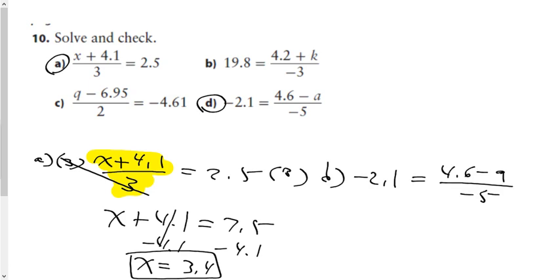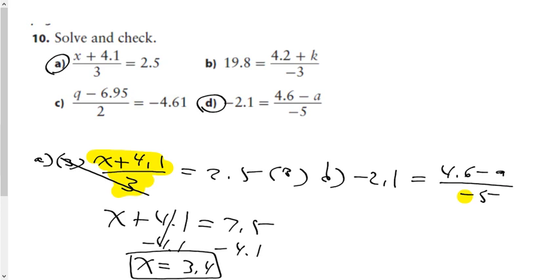Now, what makes D different than A? Well, there are two things that are different. The first thing that's different is that you don't have a fifth of 4.6 minus A. You have a negative fifth, which contextually is fairly confusing because it doesn't really make sense to have a negative fifth.